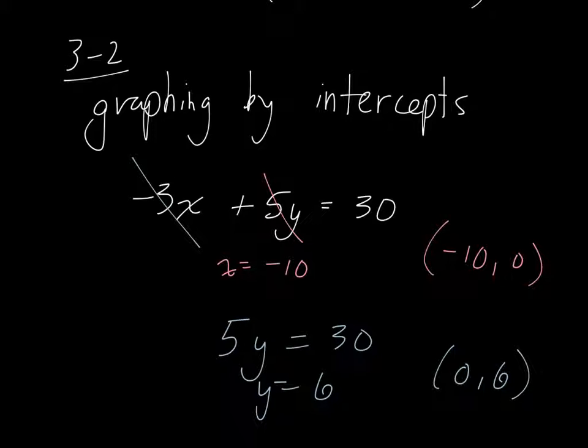I wanted to go through this point 1, 3. So I also have the point 1, 3. Use point slope, use slope intercept, whatever you want at this point. I'll use slope intercept. y equals -1/2 x plus b. The -1/2 comes from the slope. I'll apply the point 1, 3. When you apply a point, it means you're putting that point in for x and y, because it satisfies the equation, because it's on the line.